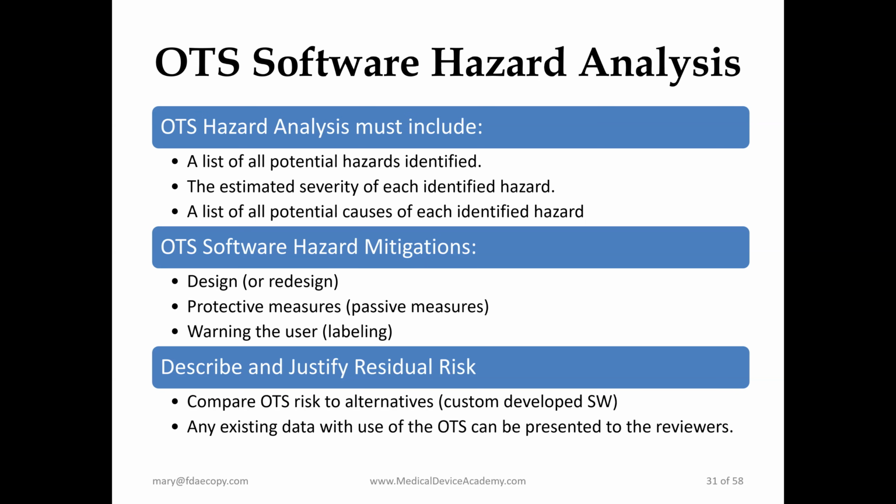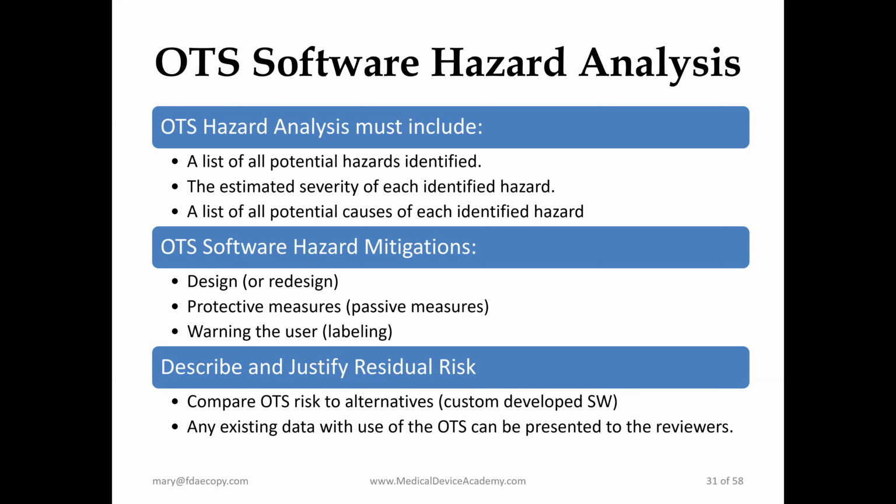And they're listed there in the priority that the FDA wants to see. So if there is a possible design mitigation, that's what you want to do first. The warning, the user, or the labeling, that's kind of not a reliable form of control or mitigation. So you really want to focus on the design mitigations if you can.